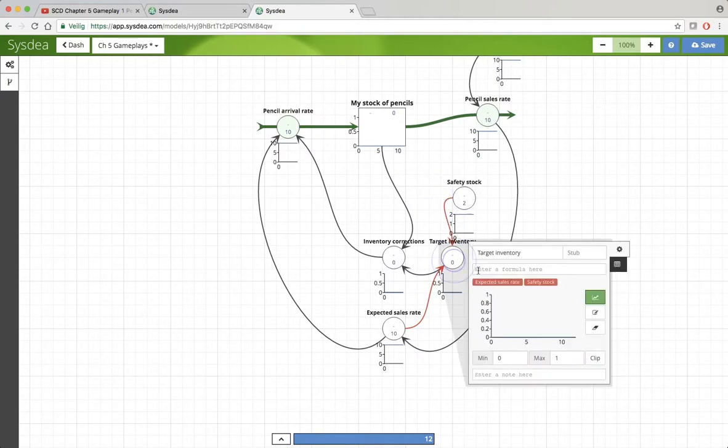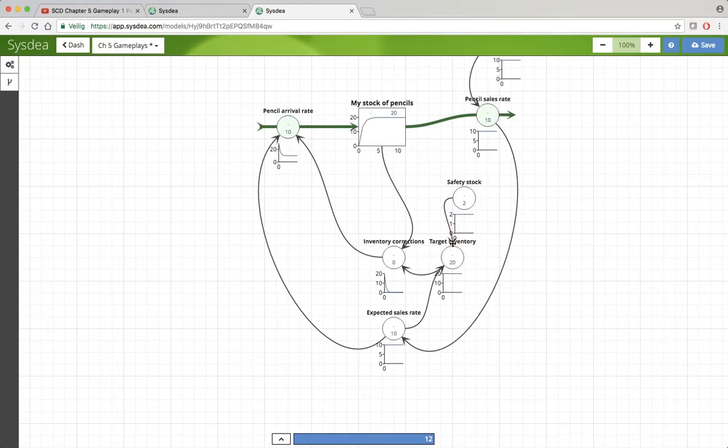Then make the target inventory equal to the expected sales rate times the safety stock. Means we would like to have 2 days worth of sales, or 20, up here in my stock of pencils, and we get those. The only annoying thing is of course that we don't start off with those, so we have to wait a while until we get into steady state.